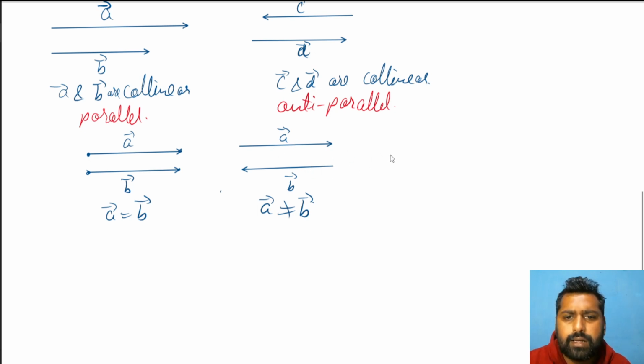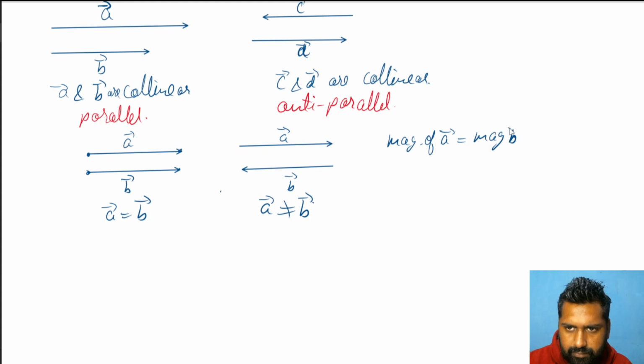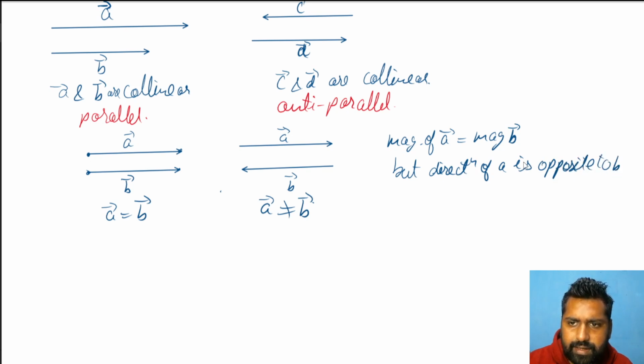Clearly you can see the magnitude of a is equal to the magnitude of b, but the direction of a is opposite to that of b.